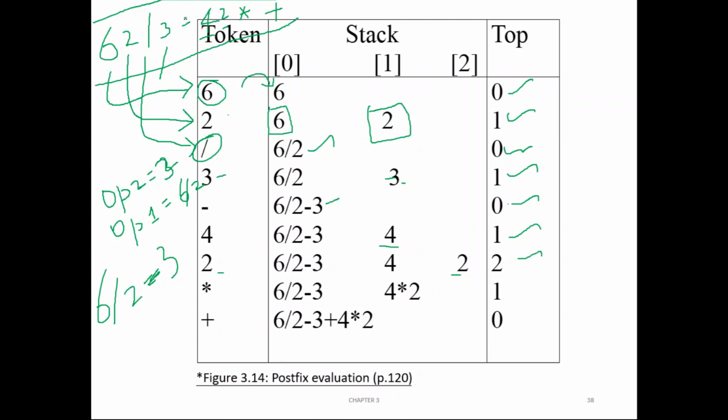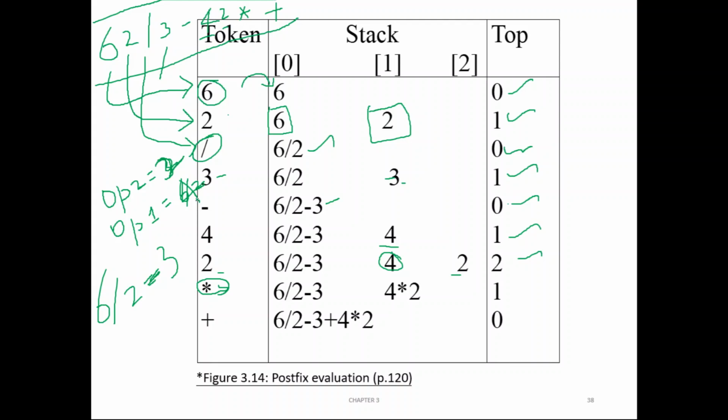Next, take the next token. What is that? Star. Star means again it is an operator. So again pop 2 elements from the stack. Whatever comes out of the first pop goes into operand 2, which is nothing but 2. When you pop for the second time, whatever you get, that is 4, will get into operand 1.